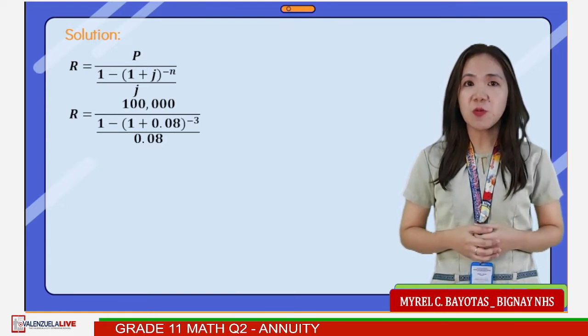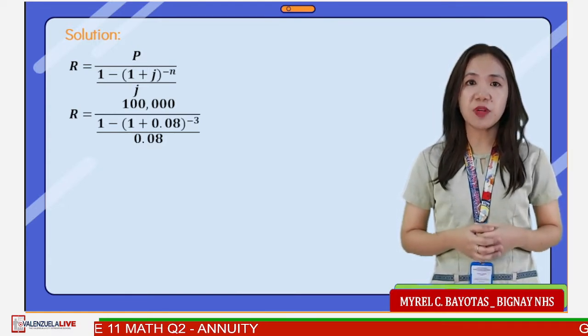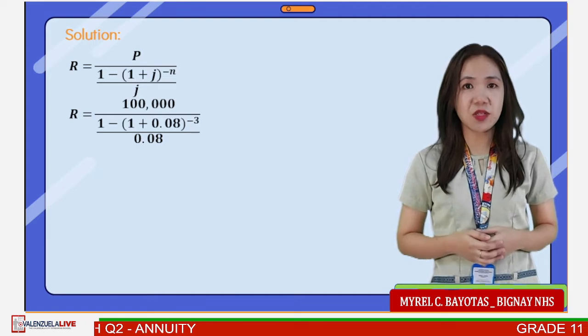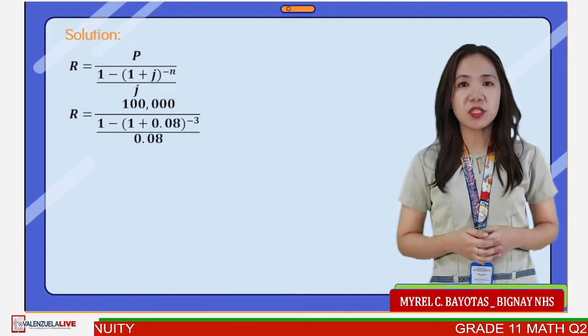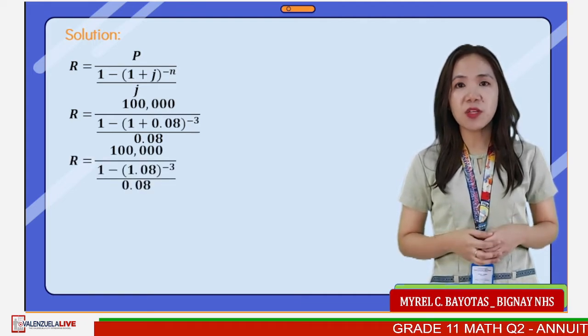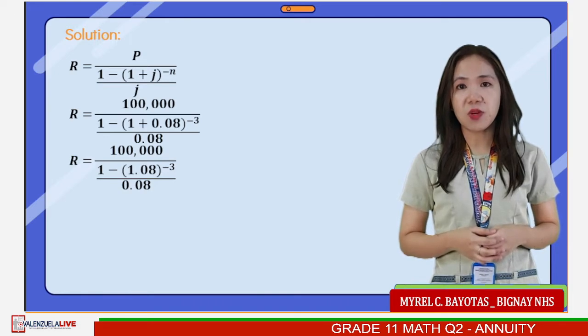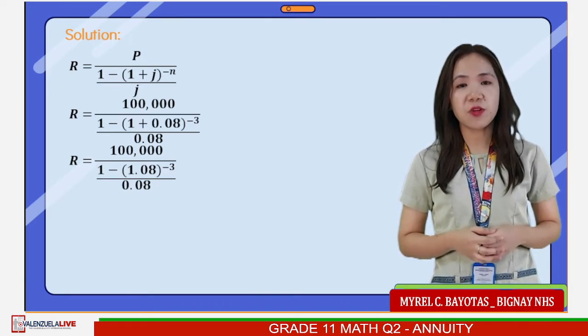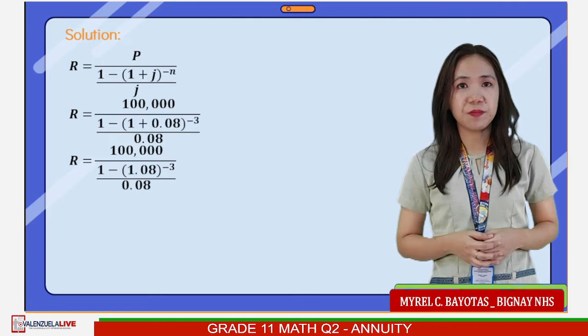Following PEMDAS, we begin by simplifying the operation inside the parentheses. R equals 100,000 over 1 minus 1.08 raised to negative 3, all over 0.08.